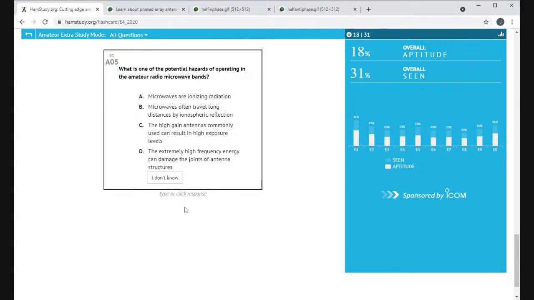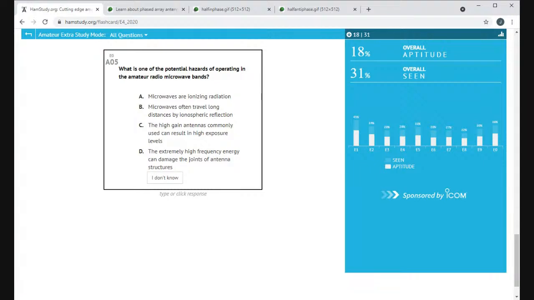What is one of the potential hazards of operating in amateur radio microwave bands? A. Microwaves are ionizing radiation. B. Microwaves often travel long distances by ionospheric reflection. C. The high gain antennas commonly used can result in high exposure levels.